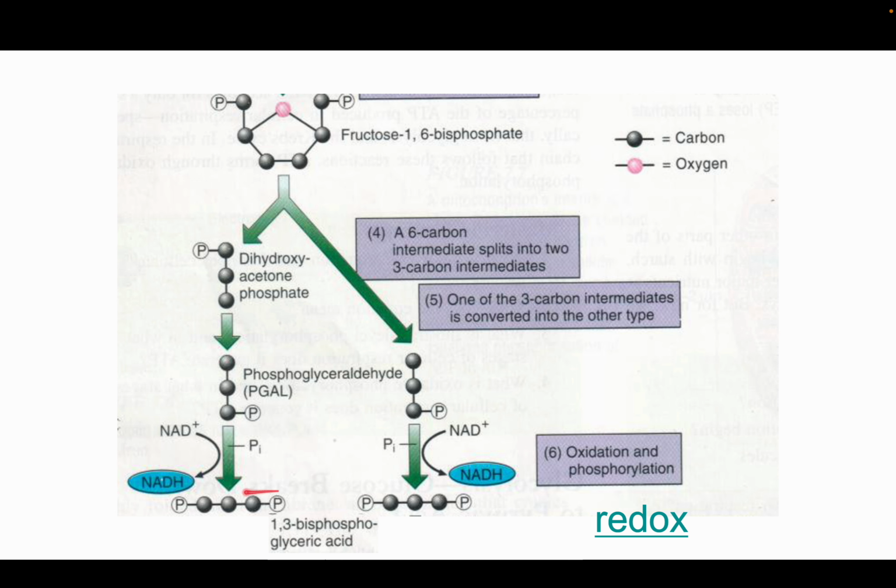So two molecules of 1,3-BPG. You can see that on both ends there are phosphate groups attached. This is an example within the glycolytic pathway where reduction, a key activity during metabolism, is exemplified.